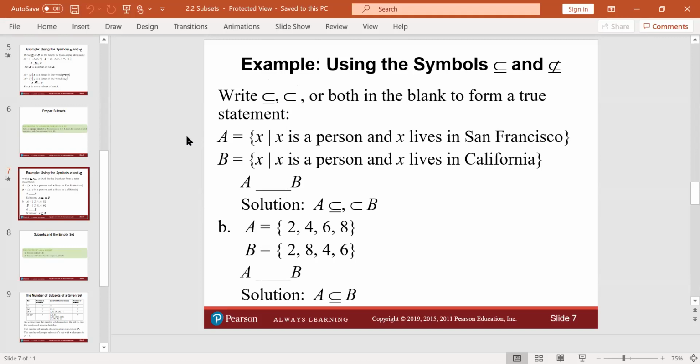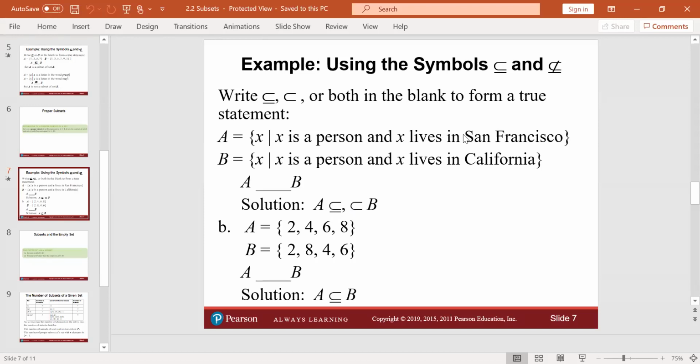If B is the set of all people who live in California, then clearly A is a subset of B, because everyone who lives in San Francisco also lives in California. So we can use the regular subset symbol. This is perfectly valid.